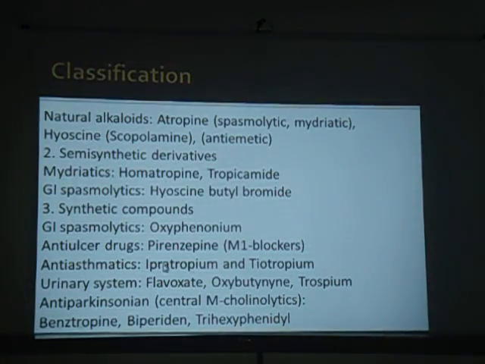Anti-asthmatics we just discussed: they decrease secretions and also cause bronchodilation. For this purpose we have ipratropium bromide and tiotropium bromide, which are given by the inhalational route. In the urinary system we have antispasmodics such as flavoxate, oxybutynin and trospium.